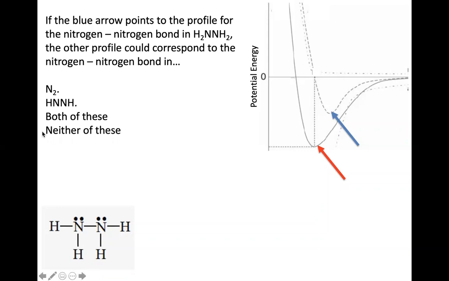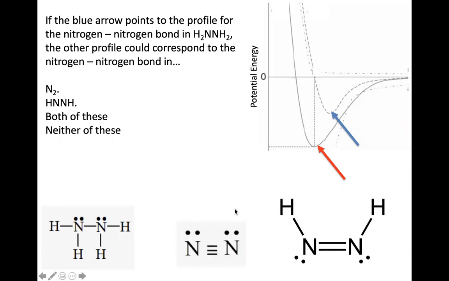And I'm being asked to compare it to these other two. This would be a Lewis structure for N2. This would be a Lewis structure for the HNNH. All of these are Lewis structures that I think we should be able to draw. So take a second right here.